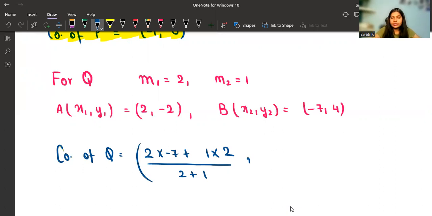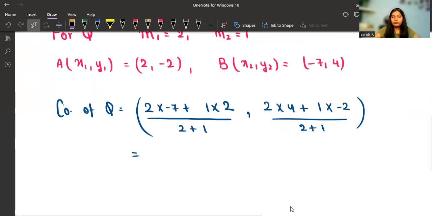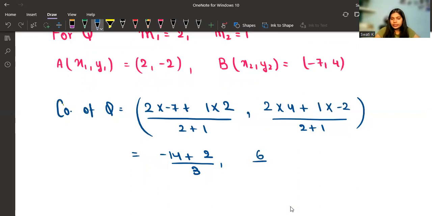And then of course, M1y2, that means 2 into 4, plus M2y1, that means 1 into y1, which is minus 2. So minus 2 upon 2 plus 1. Now we have to just simplify this and we'll get the coordinate of Q. This one will become 2 into minus 7, which is minus 14, plus 2 into 1 is 2, upon 2 plus 1 is 3, and this will become 8 minus 2, which is 6 upon 3.